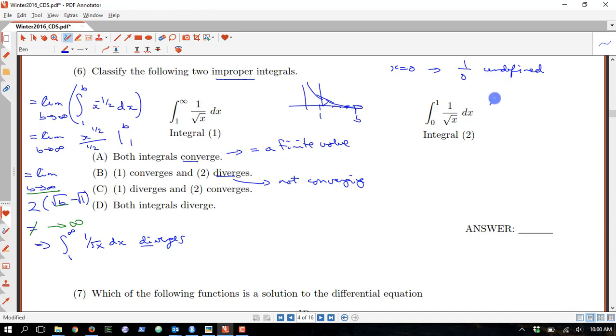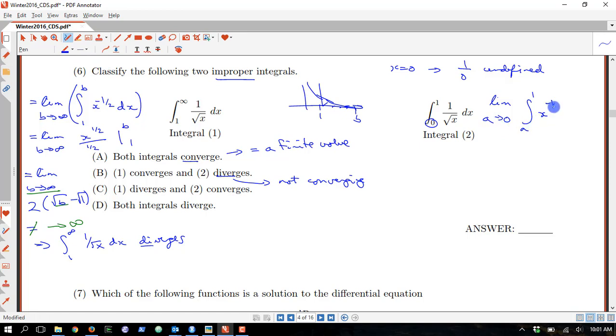Repeating the same calculation for this integral, it's the same idea except the 0 is a problem point. So the 1 is fine, we can integrate or evaluate this at 1, but we can't plug in 0, so we sneak up on the 0 point, and let's actually use a different variable. We'll call it a this time, just to clarify the difference.